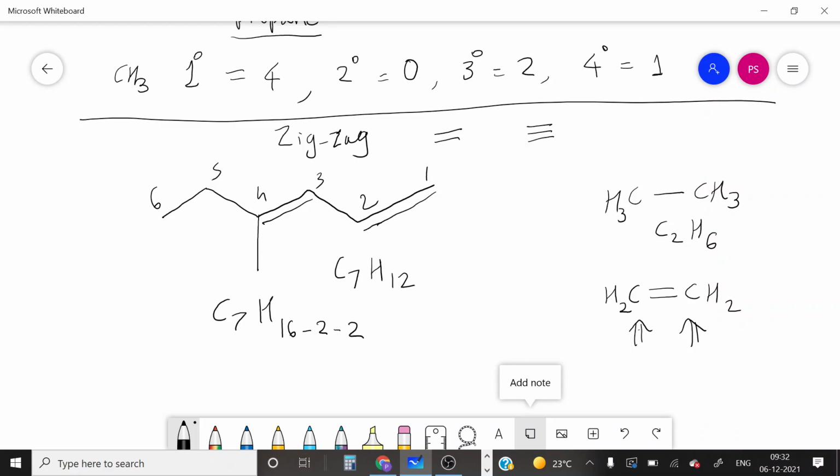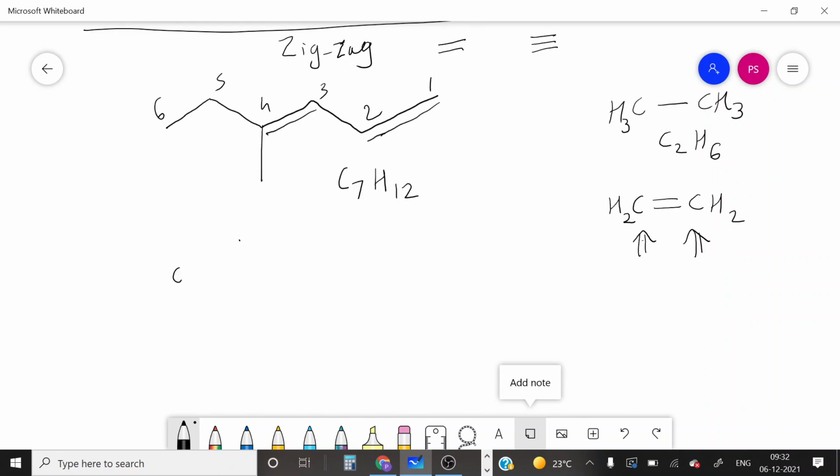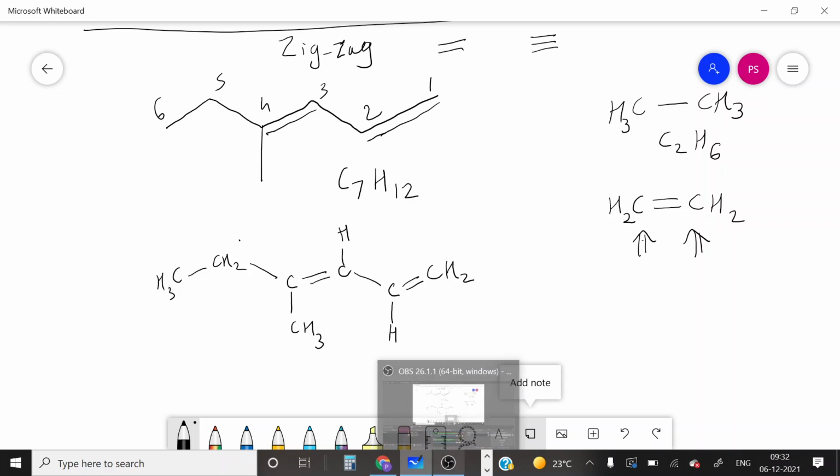Okay, now look at the detailed structure. CH3, CH2, C, single bond CH3, double bond C, H, single bond C, H, double bond CH2. This is the detailed structure.